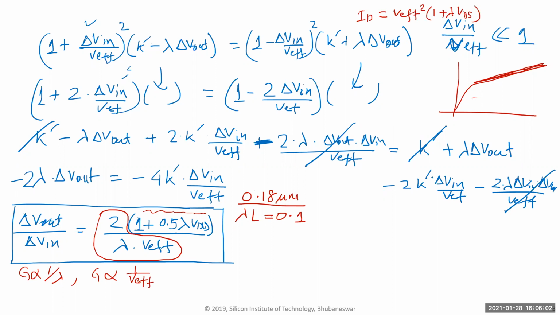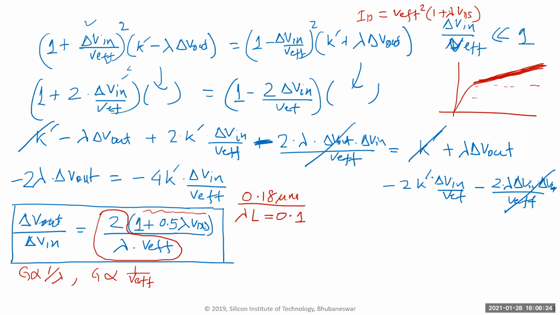If lambda is large, your variation with respect to VDS is also large. If it is small, your variation with VDS is small. And typically you want variation small, because you want it to look like a current source, because that's ideally what it should look like.